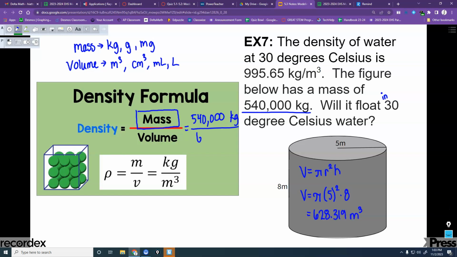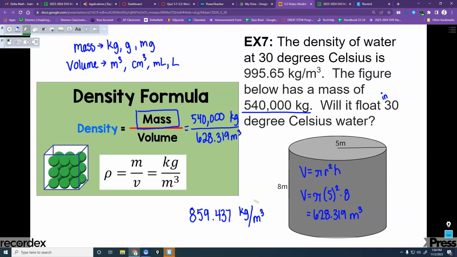Now I need to divide 540,000 by that number I just got, which is going to give me a density of 859.437. Make sure you put units with this because it matters: kilograms per meters cubed.